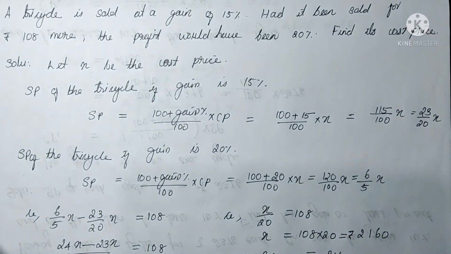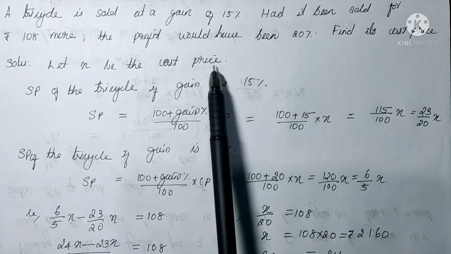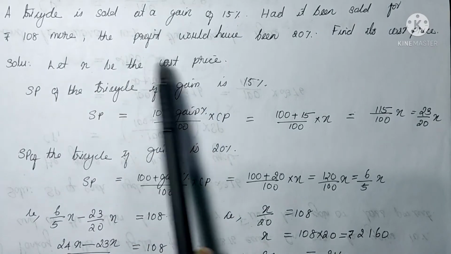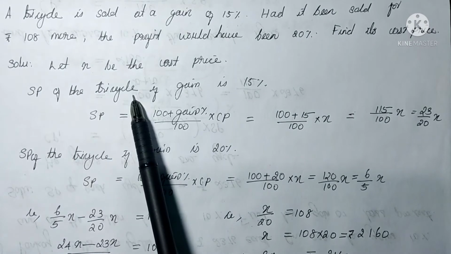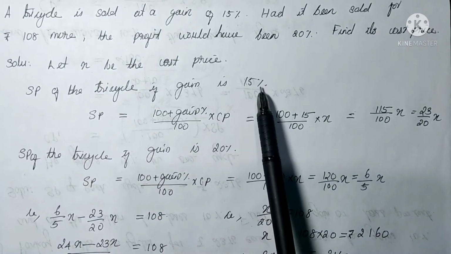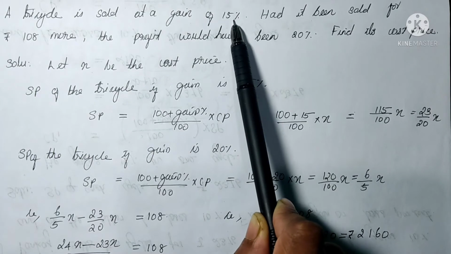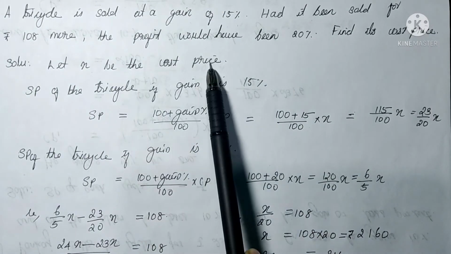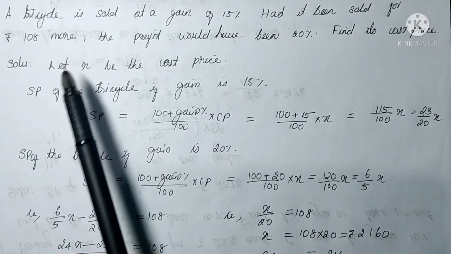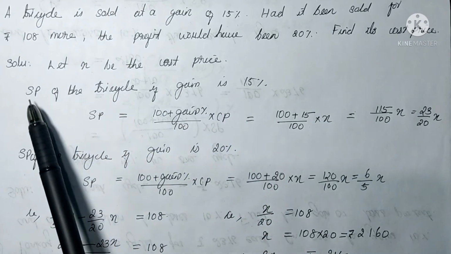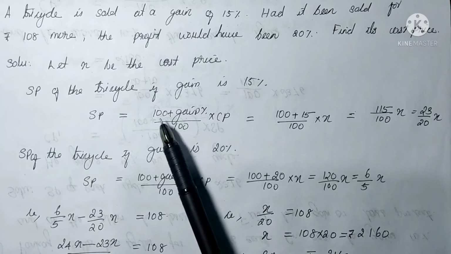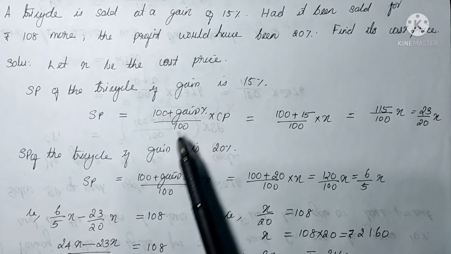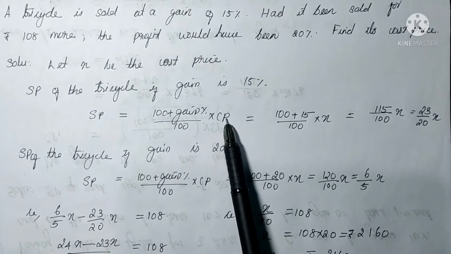Let's see the answer. Let X be the cost price. We don't know what the cost price is, so we are taking it as X. SP of the tricycle if gain is 15%: SP is equal to 100 plus gain percent by 100 into CP.